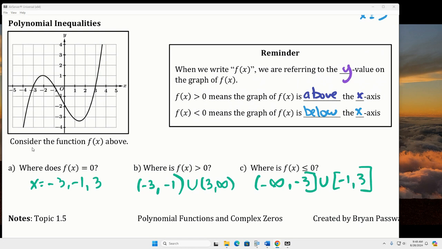Why did I do brackets instead of parentheses on this one? Because of the or equal to. Because of the or equal to, you're going to do brackets on it.